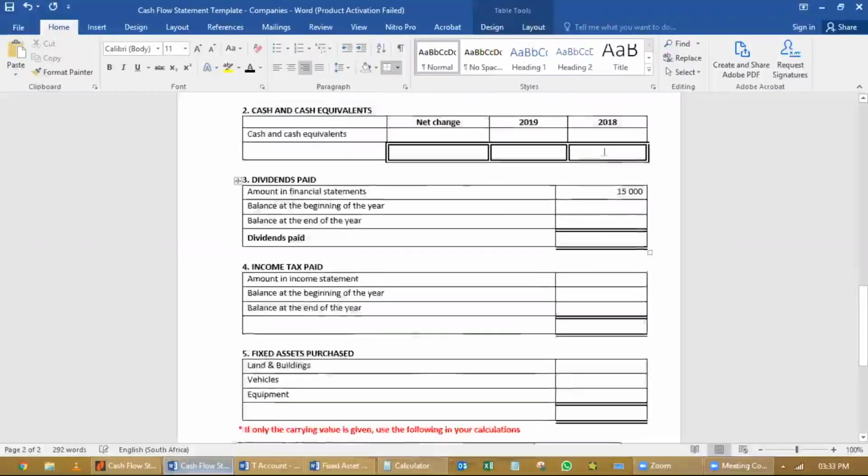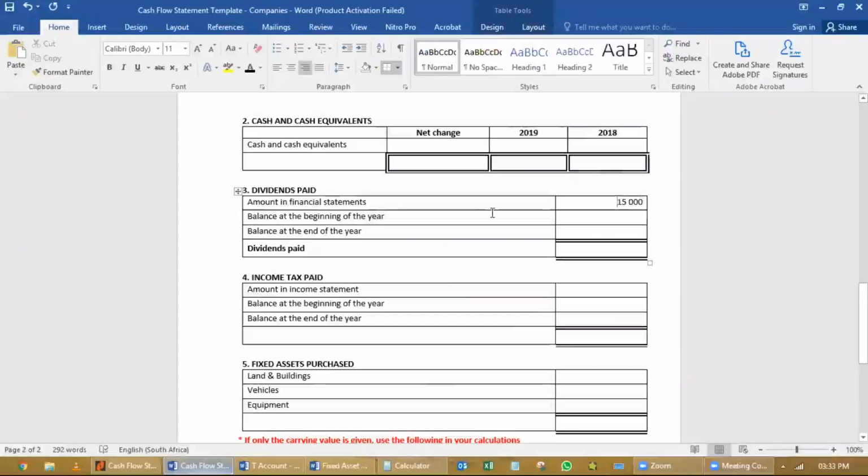Also, this amount must be in brackets, because if I've paid this over to my shareholders, money left my account, which means there was an outflow of cash, right? And then also everything you calculate, you need to show me the brackets. So how did we get to this amount? That's how we got there.